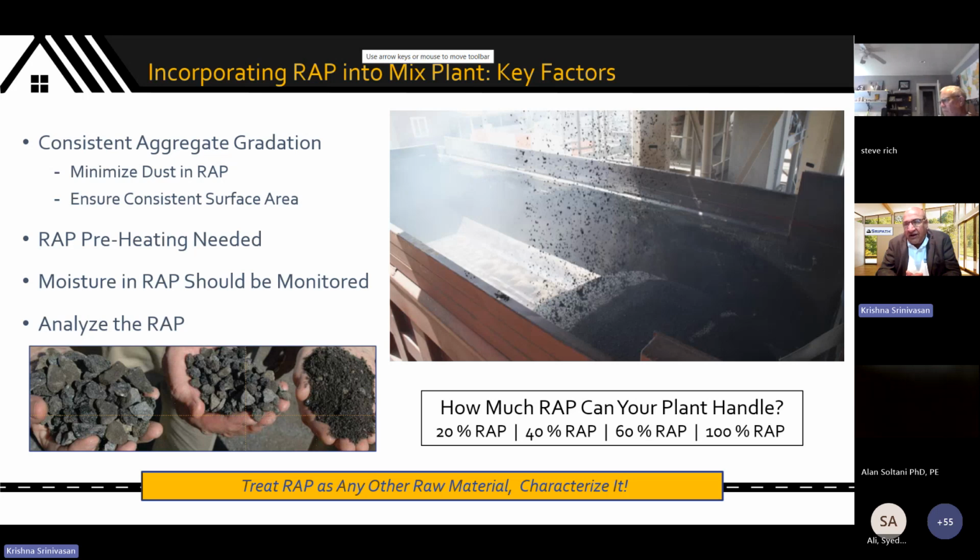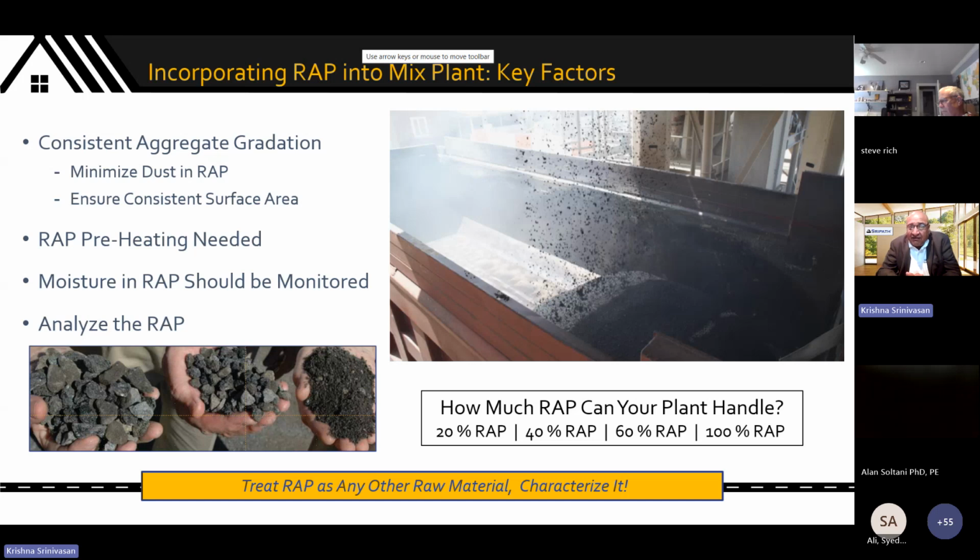If he was running 350 tons an hour with 40% RAP, he may just be able to run 250 tons per hour of wet RAP. So a lot of factors influence how much RAP ends up being in a consistent mix. And some of this is clearly on the plant manager, on the ops manager, and how they maintain their situation.